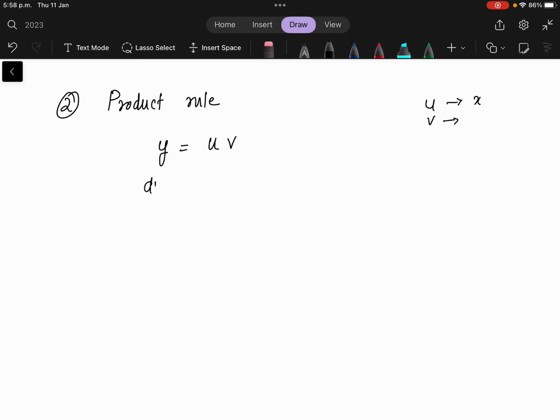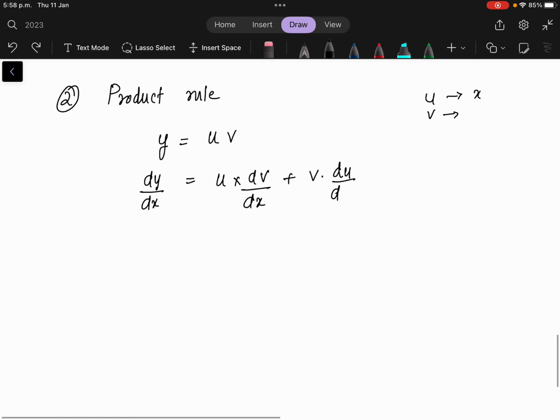Okay, dy by dx, or rather f dash of x, so it can be anything, is equal to u times dv by dx plus v times du by dx. So which means the first term times the differentiation of the second, plus the second term times the differentiation of the first. Okay, so now let's see how the product rule needs to be applied. Let me take a question.